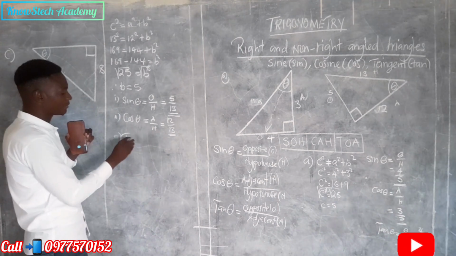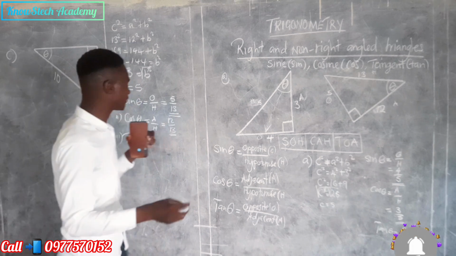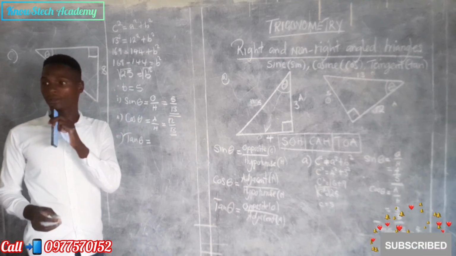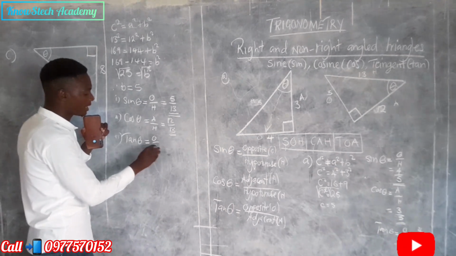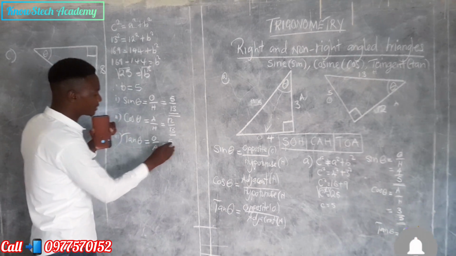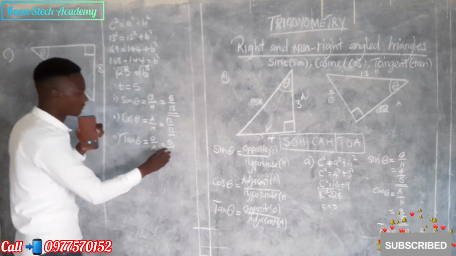Thirdly, tan, which is the last one. Tan theta. What is the formula for finding tan? Opposite over adjacent. The opposite is 5 and adjacent is 12.